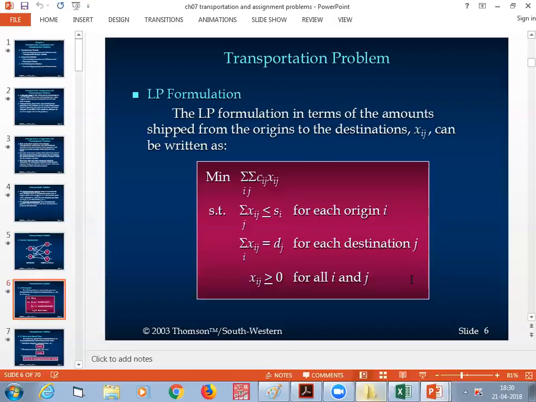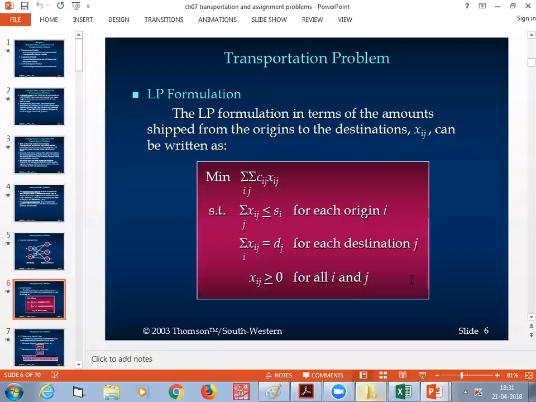We want to satisfy the demand, but for that we require excess supply. All right? So one important thing here is, if we want to satisfy all the demand, we must have more supply than demand, right? So we must have more supply than demand. And if that's the case, supply constraints are less than or equal to, demand constraints are equal to, satisfying the demand with all the available supply. If we don't have enough supply, can we satisfy all the demand?